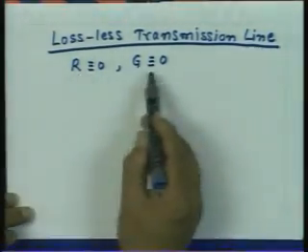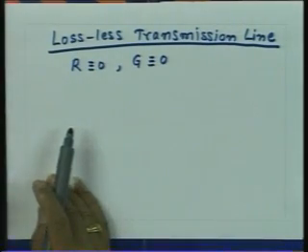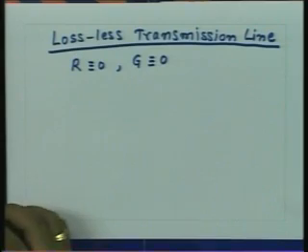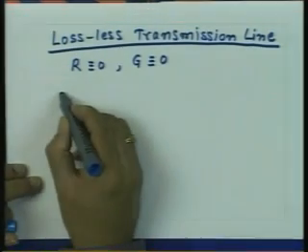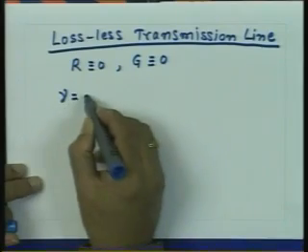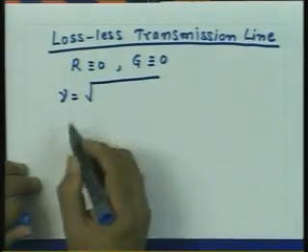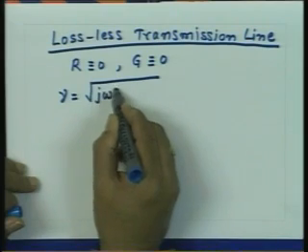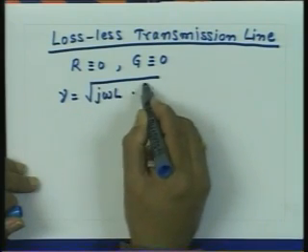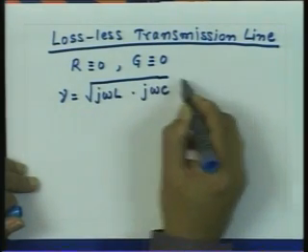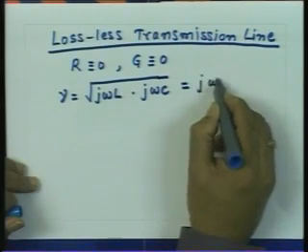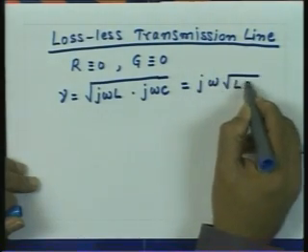Substituting R equal to 0 and G equal to 0 in the secondary constants of the transmission line, that is the propagation constant gamma and the characteristic impedance, we get gamma is equal to square root of j omega L multiplied by j omega C, that is equal to j omega square root LC.